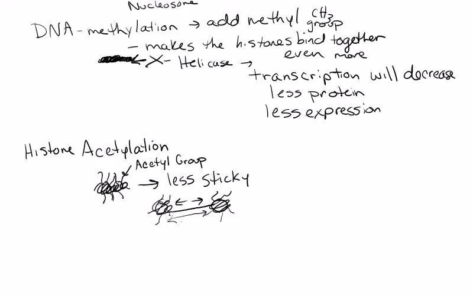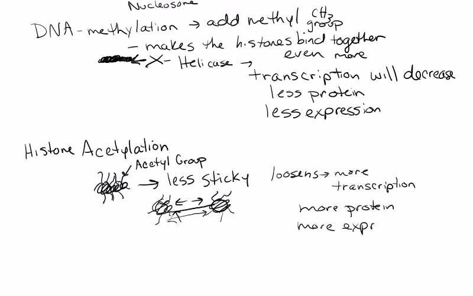It would be very easy for those transcription factors, those helicases, those DNA polymerases to come in and bind to these areas and go ahead and read the DNA. And so what the acetylation does is it actually loosens the DNA, okay, so we can have more transcription, which means then that we could have more protein, okay, and more expression of the gene.